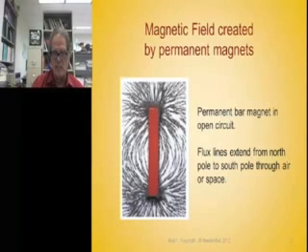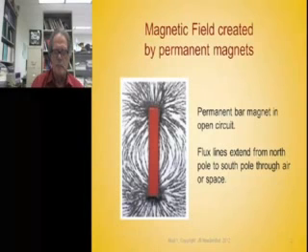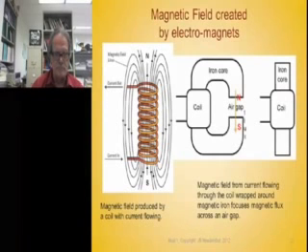So this force field is something you can't see, and this is what happens in the air gap between the rotor and the stator, and that's where this conversion of energy takes place, through those lines of flux from the magnetic field in that air gap.